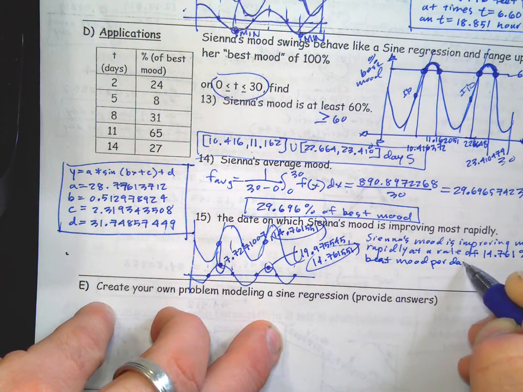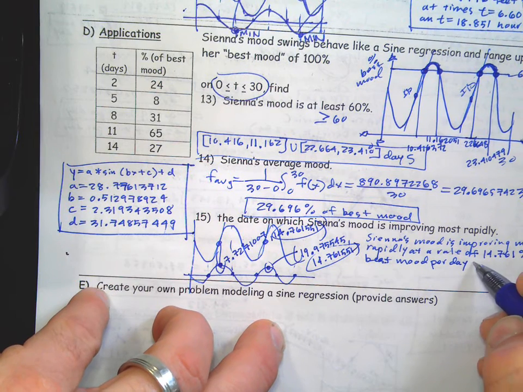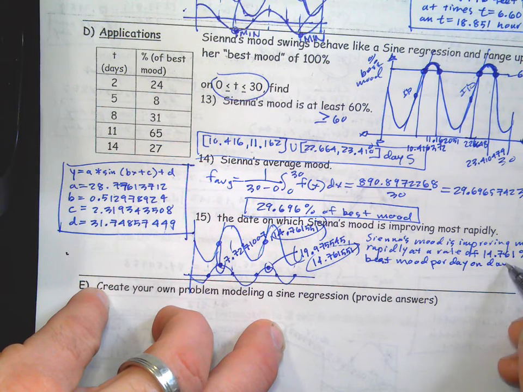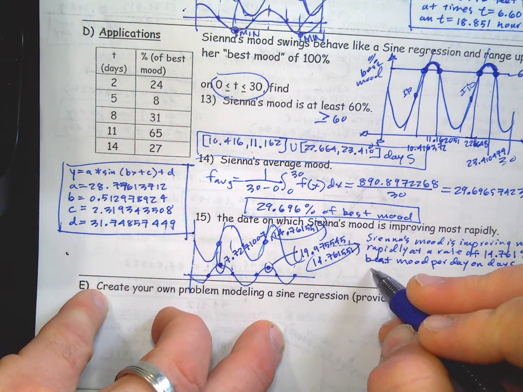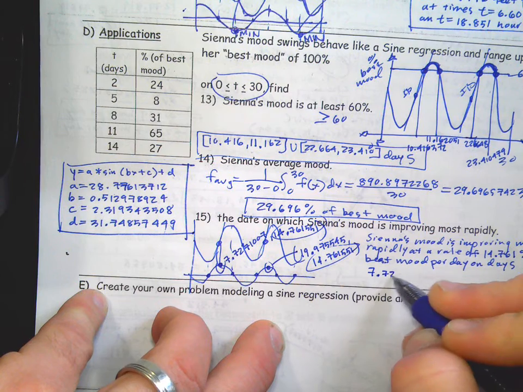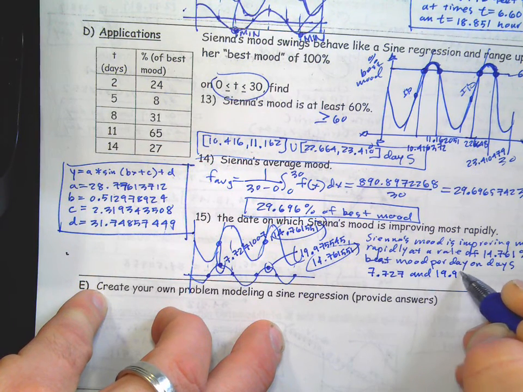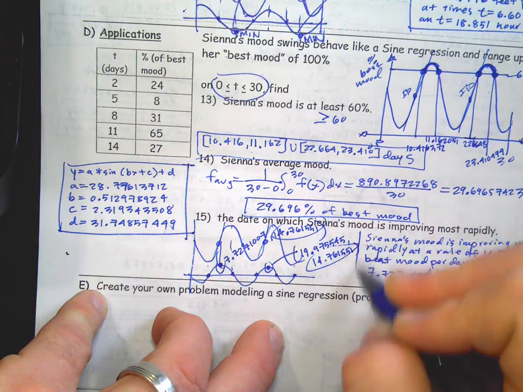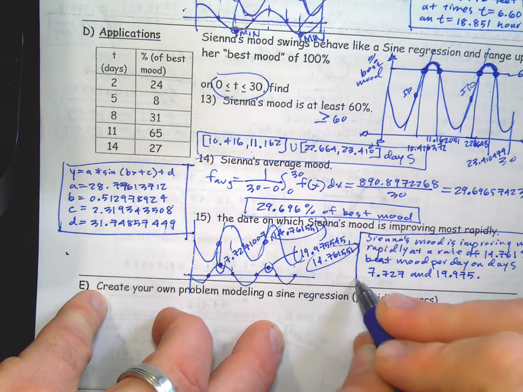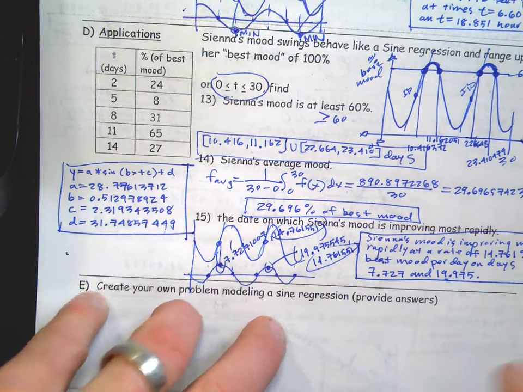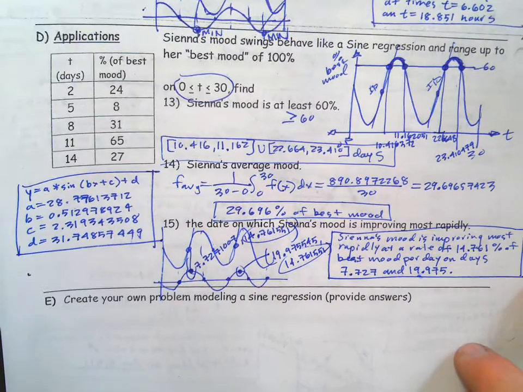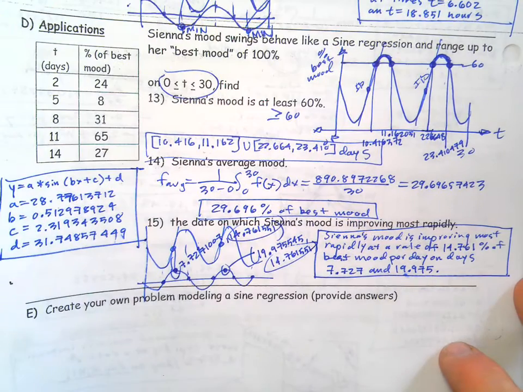Rates are two things changing, on days 7.727 and 19.975. I already said days to begin with, so I don't need to say days after it. But this is the kind of answer I'm looking for. This is a nice, thorough answer.